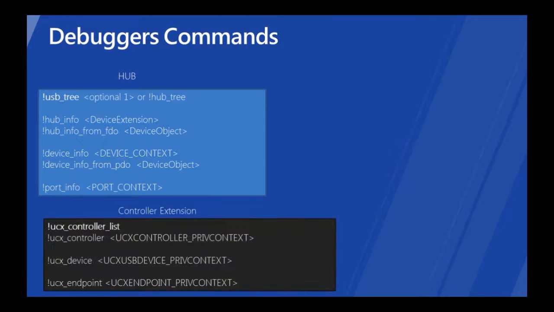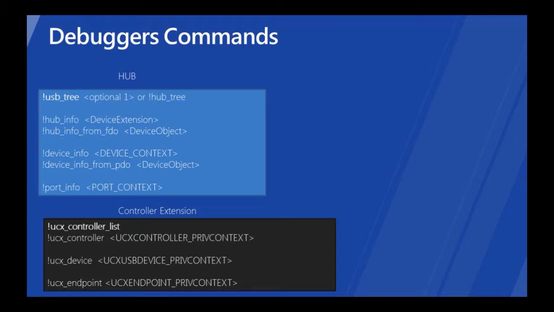Then the next set of commands that you see on the slide is for the controller extension. As I said earlier, UCX provides a layer of abstraction between the hub and controller driver. It has its own representation of controller and endpoint and manages the software state of these entities.